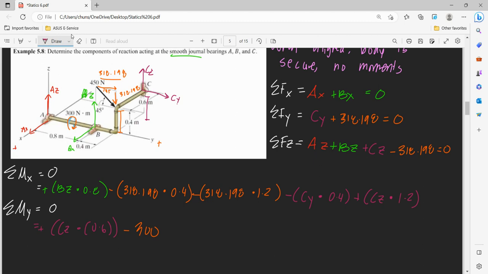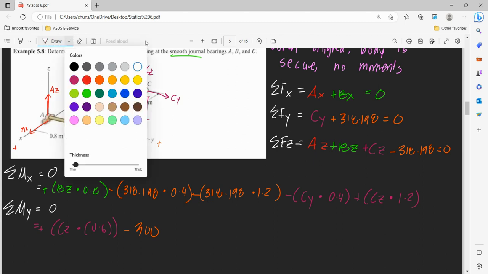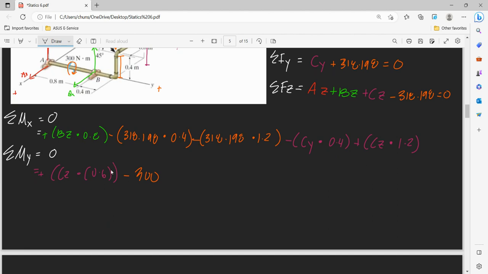So we could solve for cz right here because we have the value for it. So cz is equal to 300 divided by 0.6, and this is 500 newtons.